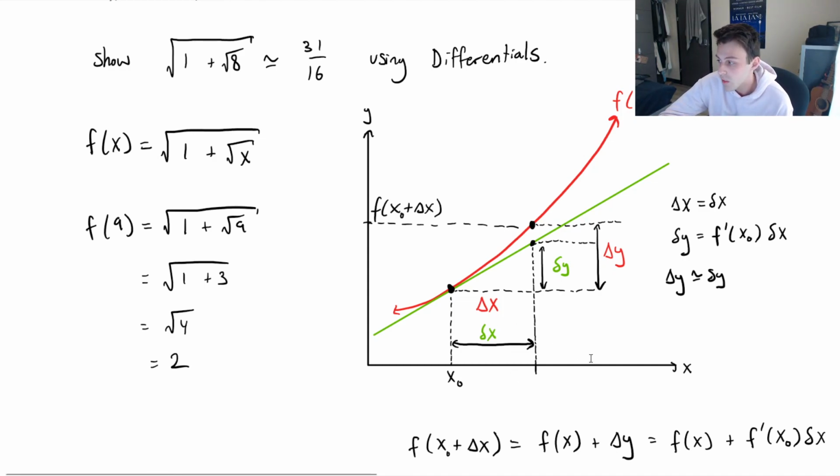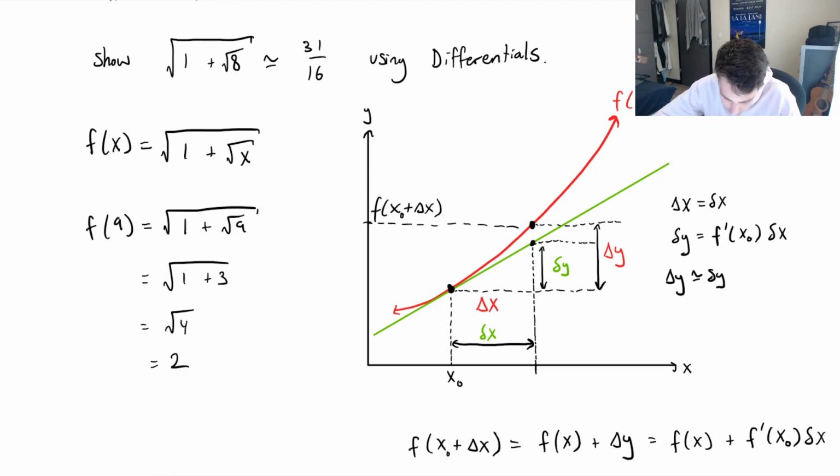Great. So now, what else do we need for this? We need an f prime of x naught, and f prime is in our formula. So let's find the derivative of f of x. Well, we've got a big rational function, so we'll do half times 1 plus square root of x to the negative half, and this is chain rule now.